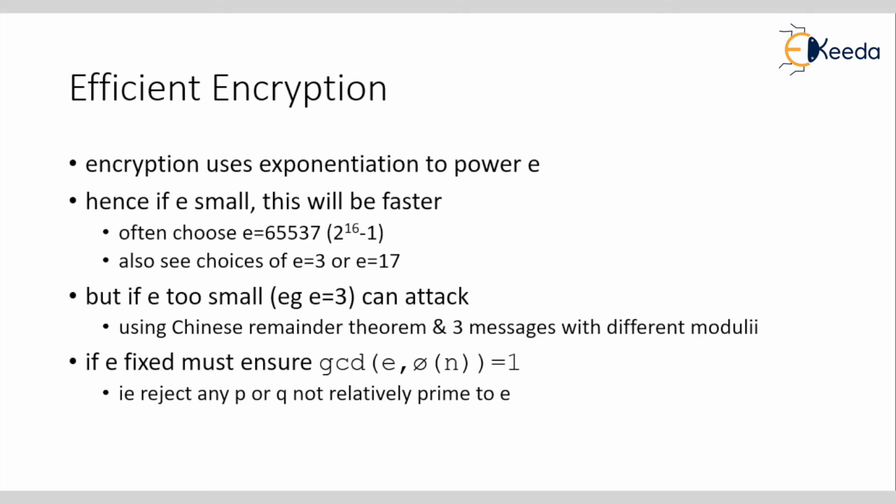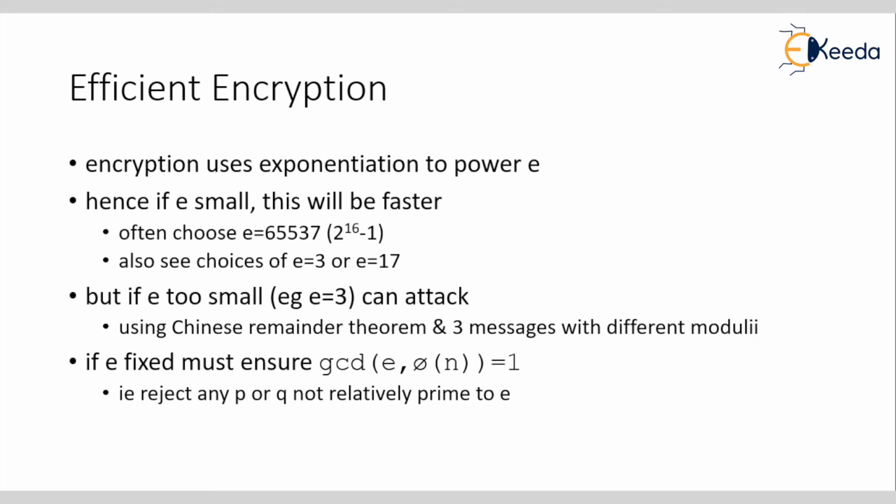Often e is chosen as 2 to the power of 16 plus 1. Also, there are some choices of e which need to be taken care of. e can be considered as 3 or 17; whichever lower value of e is considered, it will fasten your encryption process.